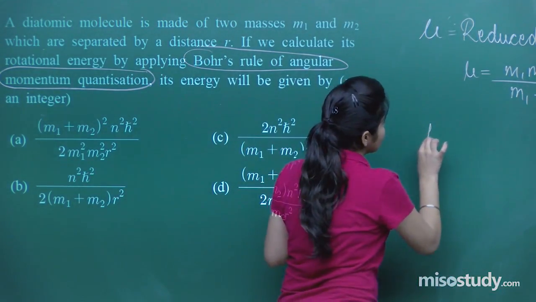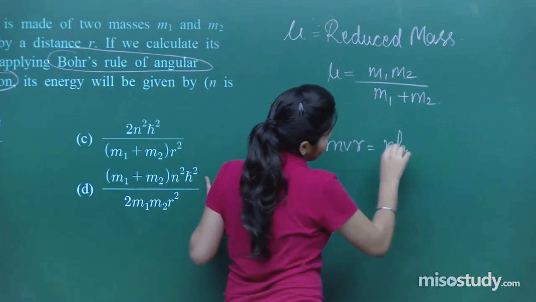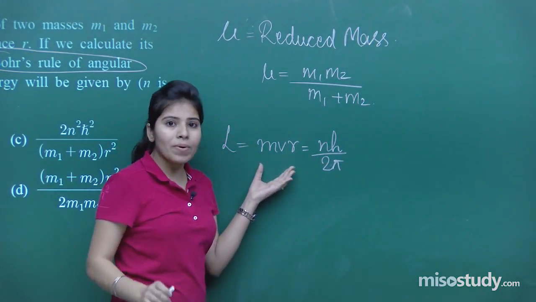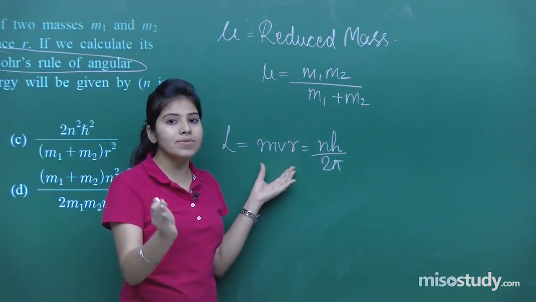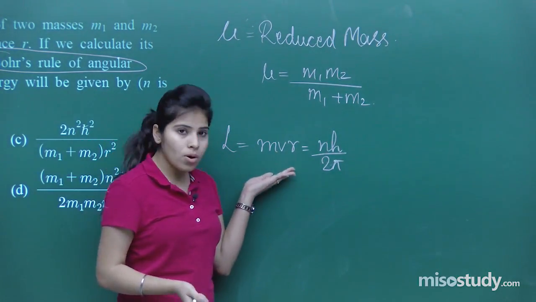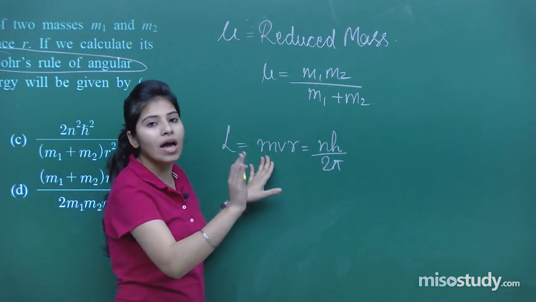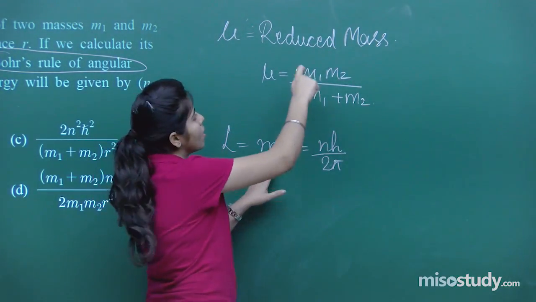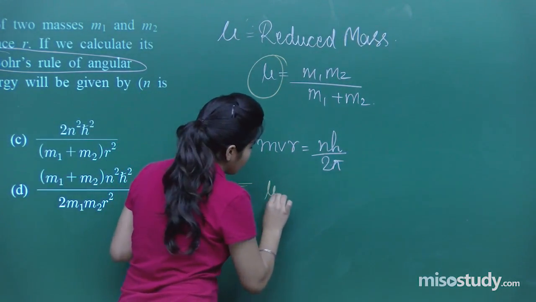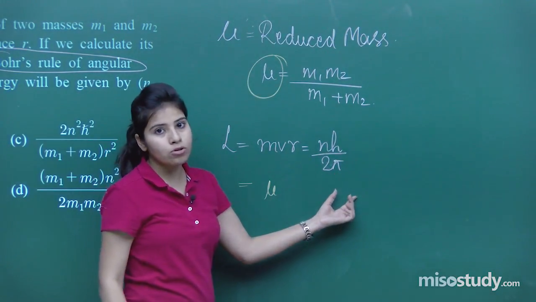So let me write over here, your L will be equal to mvr and that will be equal to nh upon 2 pi. Now because we have been using the terms angular momenta and kinetic energy, we will write this m, because we have converted these two m's into one particular m, so I will be writing mu vr equals nh upon 2 pi.